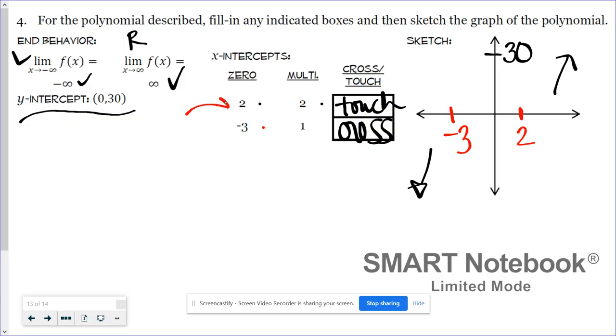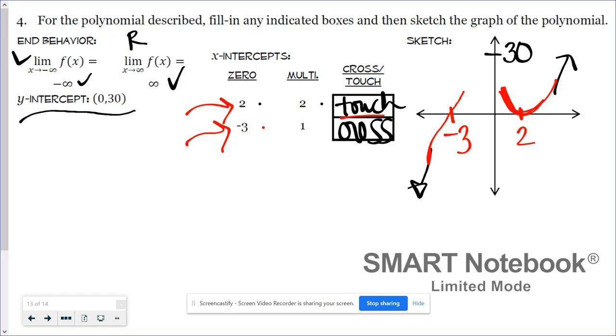Then I just need to show that behavior at the x-intercepts happening. Starting here at 2, I know it touches. So if I go for my right end behavior and I touch at 2 and I bounce up, that will show that touching behavior. I know at negative 3 it needs to cross. So if I go from my end behavior on the left, I can cross at negative 3.